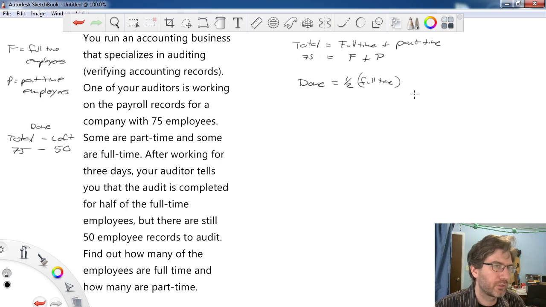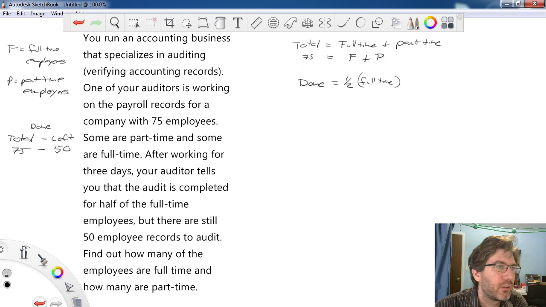This one might actually just be a substitution thing. I don't know, let's do it and see what happens, because I'm not getting a part-time variable for this one.